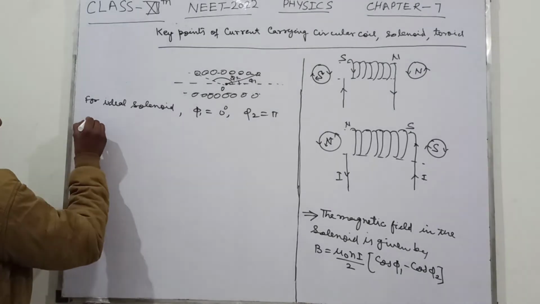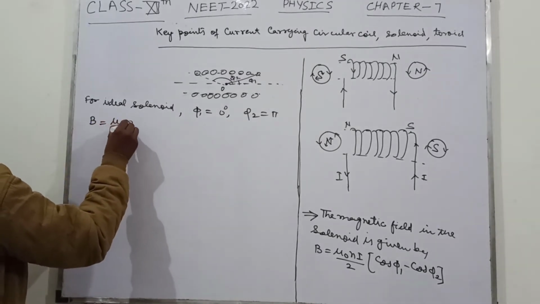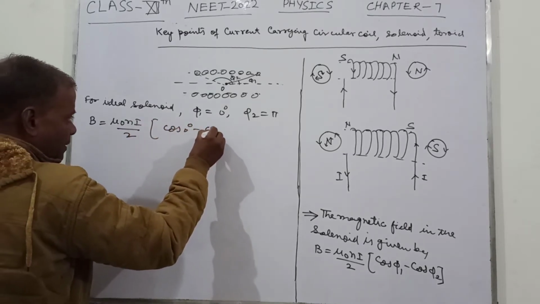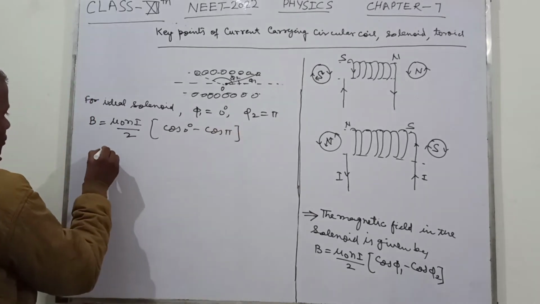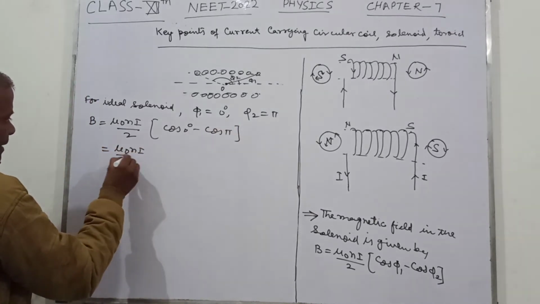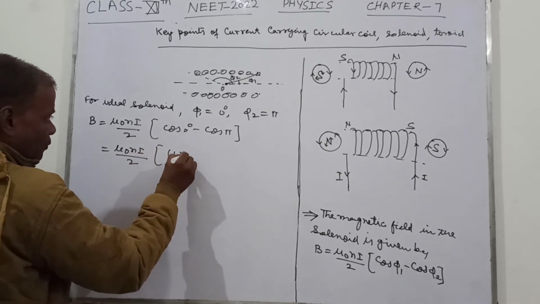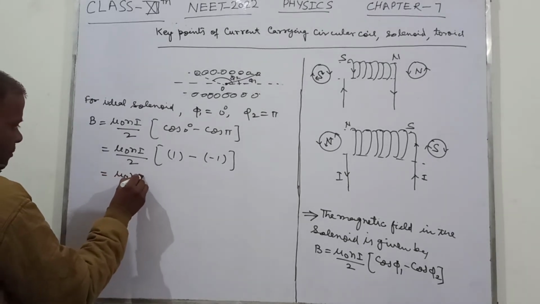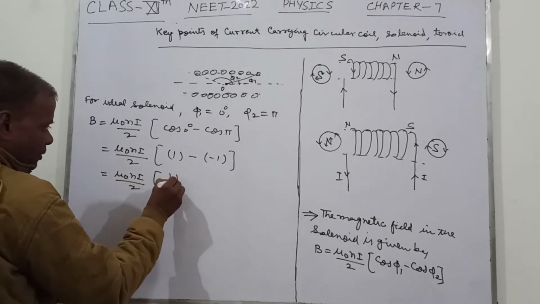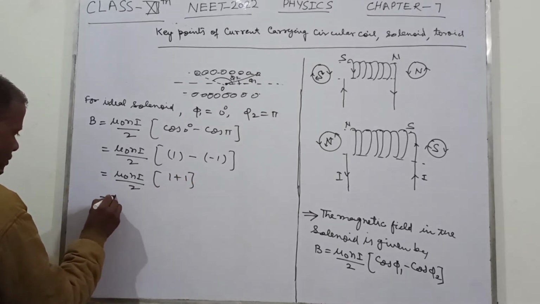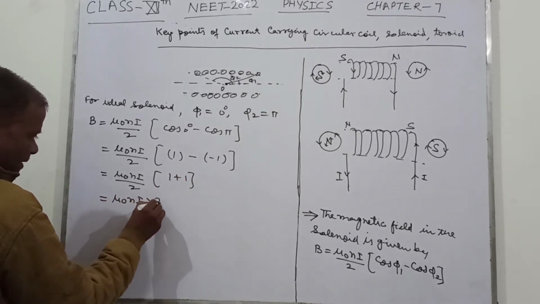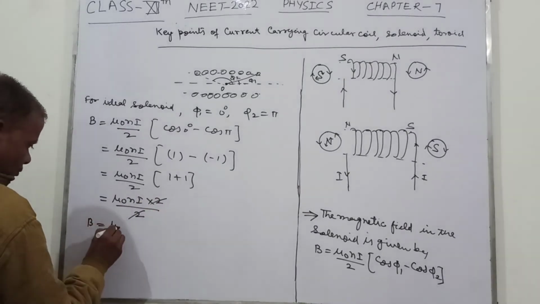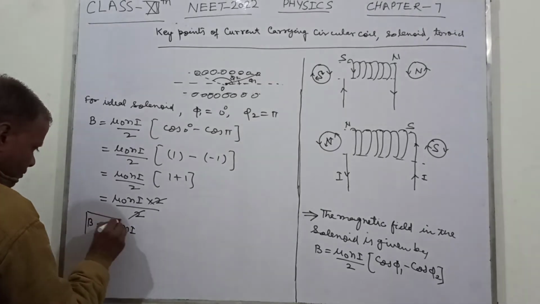Then B equal to mu naught Ni upon 2 into cos 0 minus cos pi. So this is equal to mu naught Ni upon 2 into 1 minus, this is minus 1, so 1 plus 1. So this is equal to mu naught Ni into 2 upon 2. 2 and 2 cancel. So B equal to mu naught Ni.